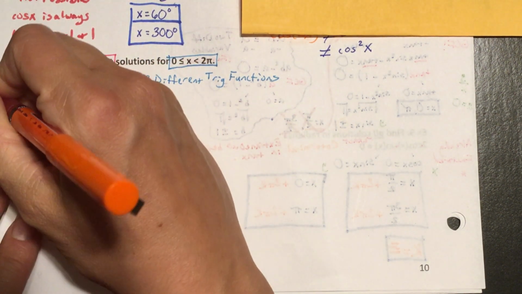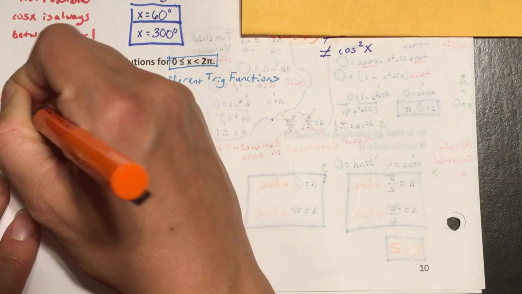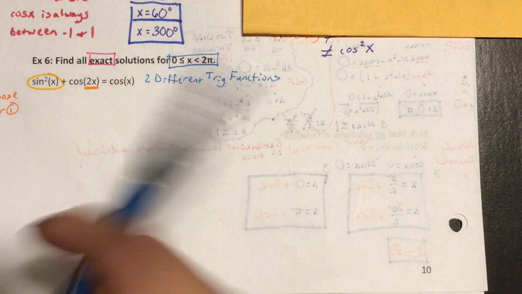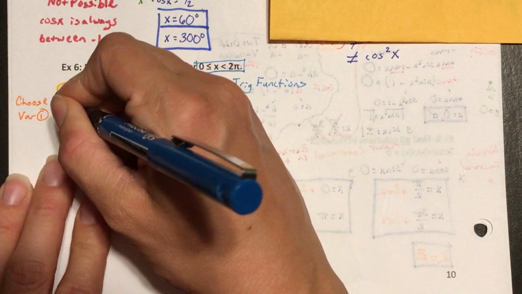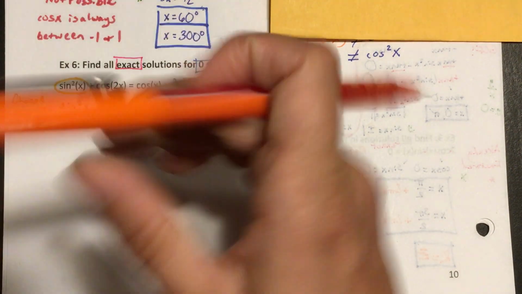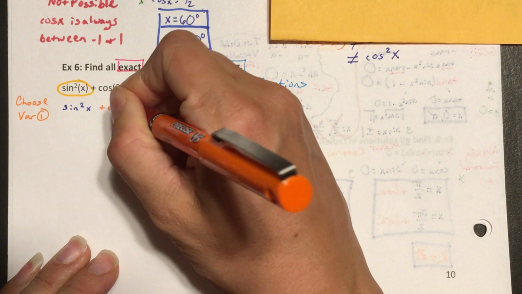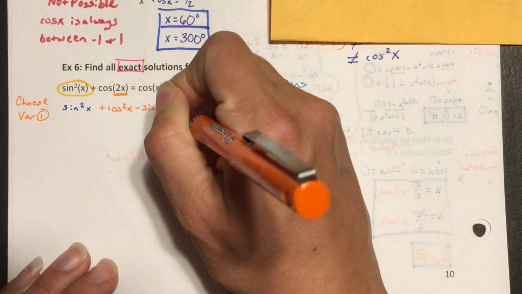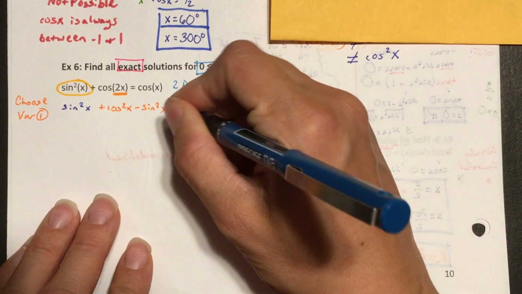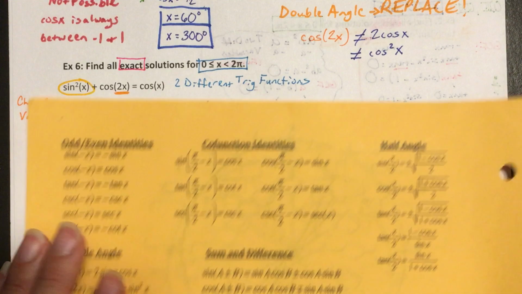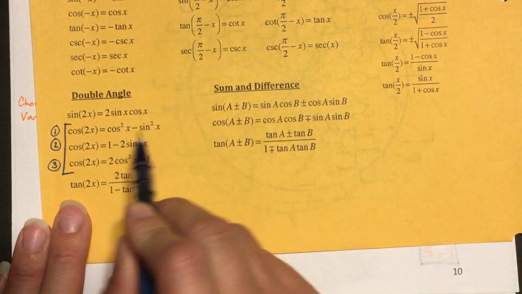So we are going to choose variation 1, which would give us sine squared x plus cosine squared x minus sine squared x equals cosine x.